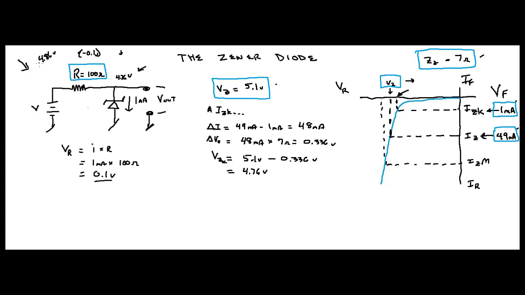You know you have to start out with 4.86 volts. You simply add the 0.1 volt to the 4.76. That's what you have to start out with. So that's your minimum voltage. So your minimum voltage for regulation is going to equal 4.86 volts. Got it? Now, let's figure out the maximum.